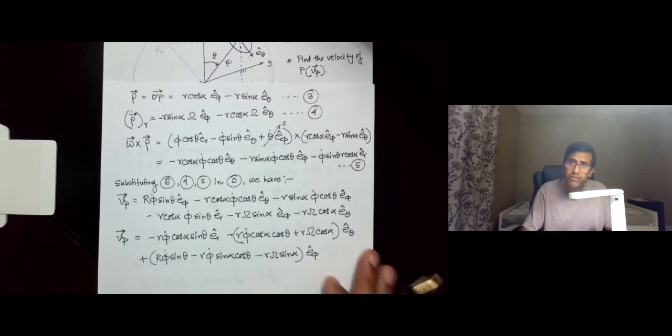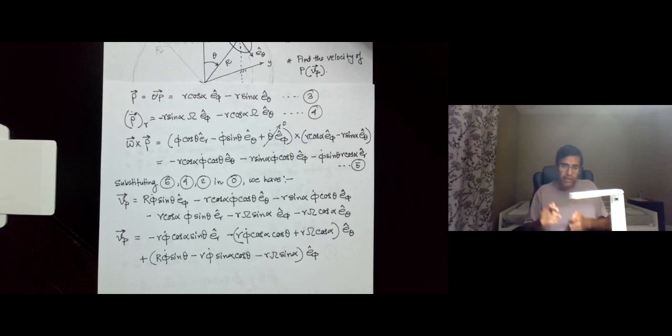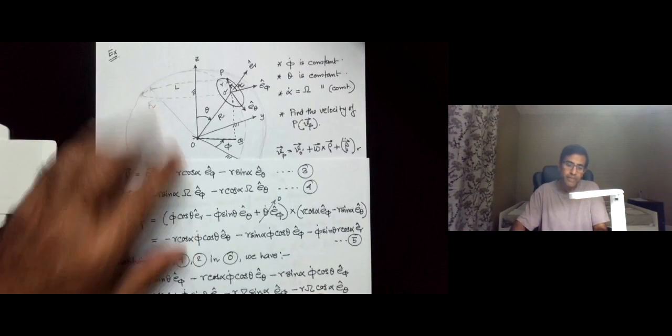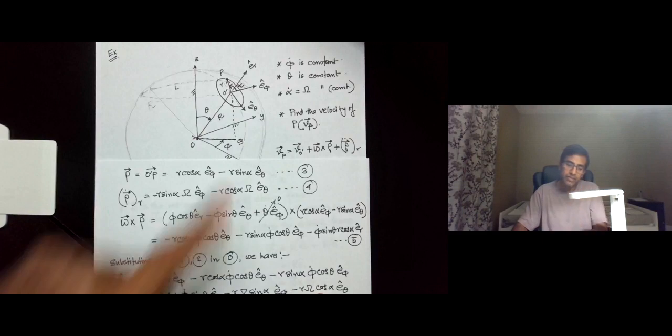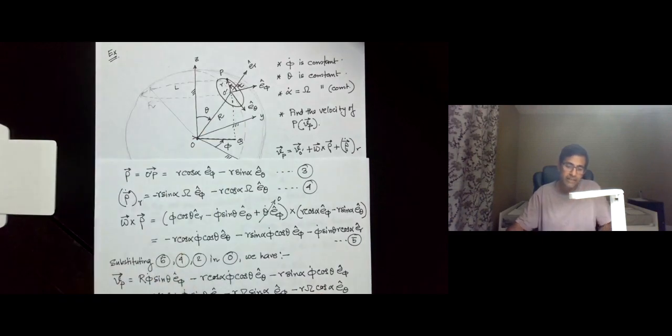So the goal was to derive the velocity for the point P, and we have used the rotating spherical coordinate frame, and the rotating frame is such that it is attached to this axis. The frame is attached to this axis and is moving with the axis.